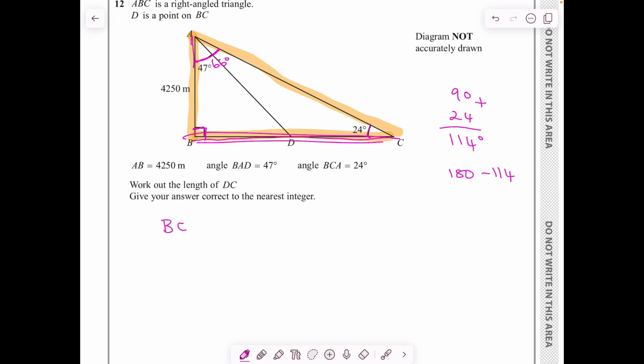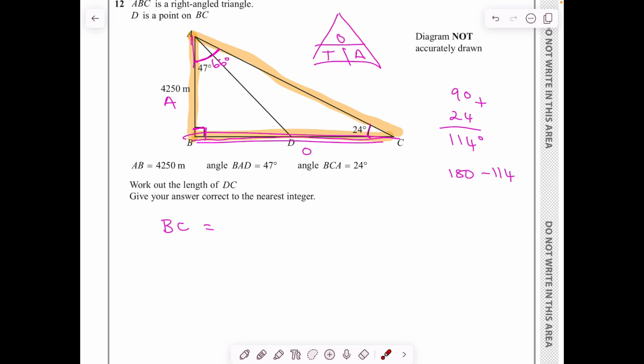So BC equals, if I look at 66 degrees, that is the opposite. This is your adjacent because it's next to the 66 degrees. So you should know that we're going to use TOA. When you cover what you want to find, which is the opposite, it is telling you to multiply.